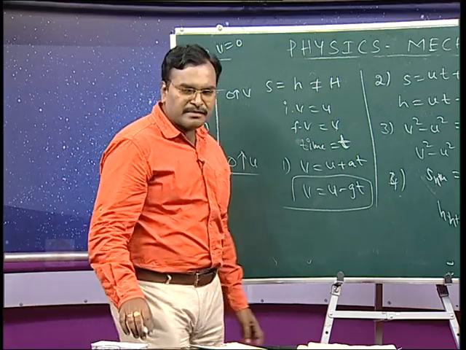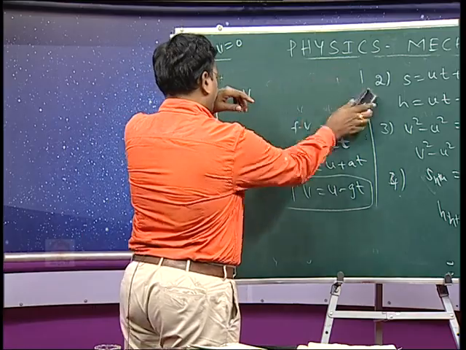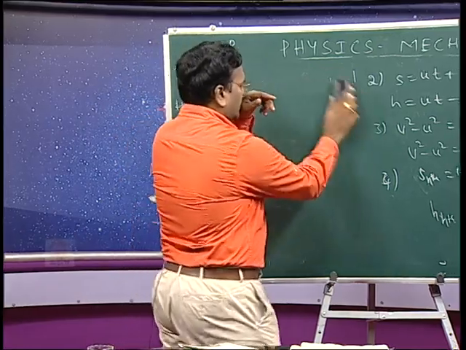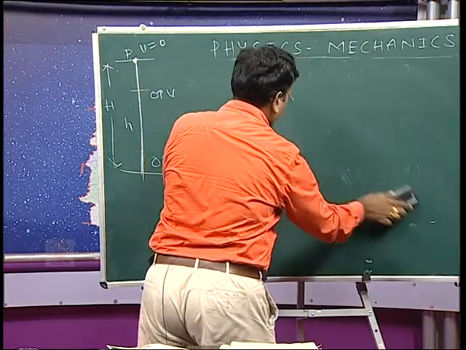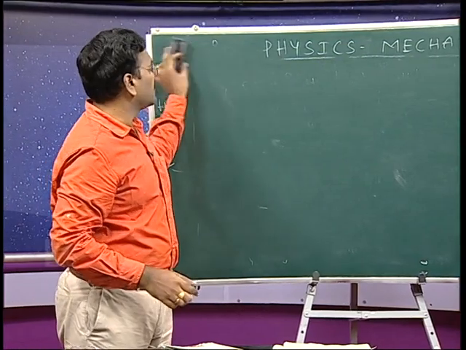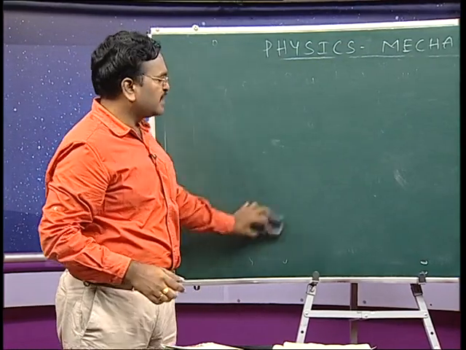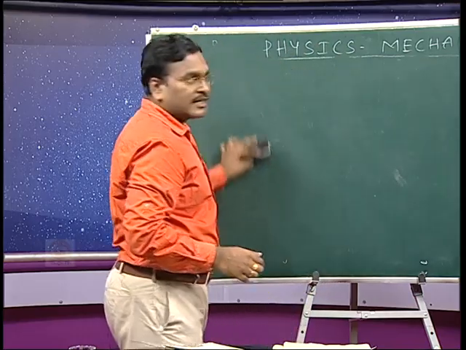Now let us discuss some important parameters for a vertically projected body. Here we have maximum height, time of ascent, and time of descent. Now, what is maximum height? Already explained.